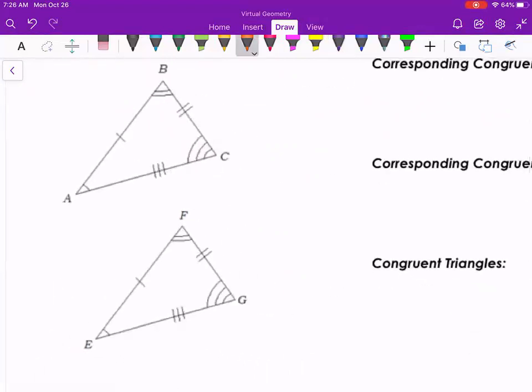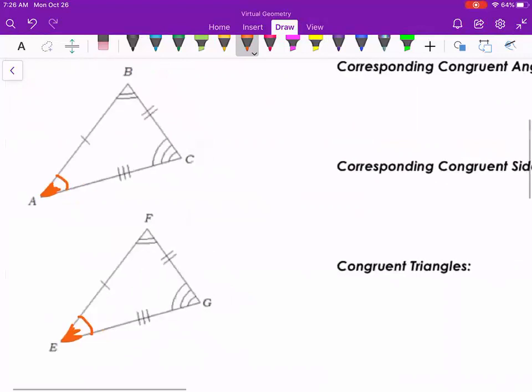So if I look in my first triangle, I notice that angle A has one curve in it. So I need to find the angle in the other triangle that has the exact same markings, one curve. And that's down here at angle E. So that means angle A is congruent to angle E.